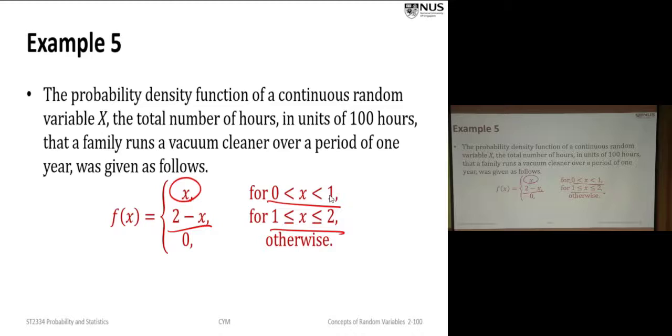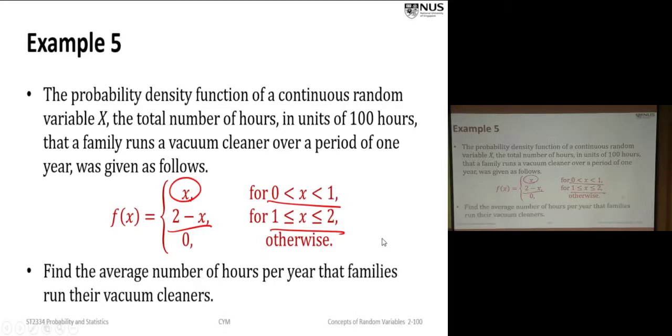That means outside 0 and 2, it will be 0. So we find the average number of hours. And remember, here, all these 1, 2 are in units of 100 hours. This may not be important, but you have to understand the little x here ranges from 0 to 2. But in fact, 1 unit means 100 hours, all right?